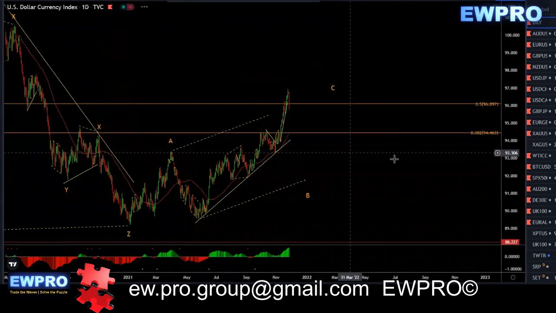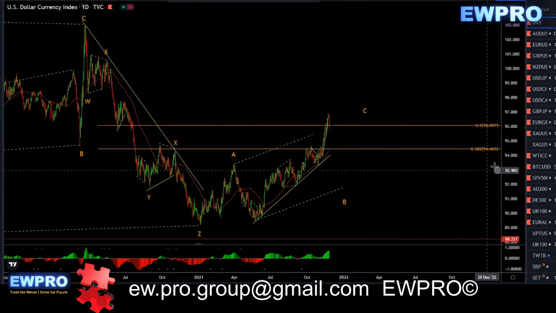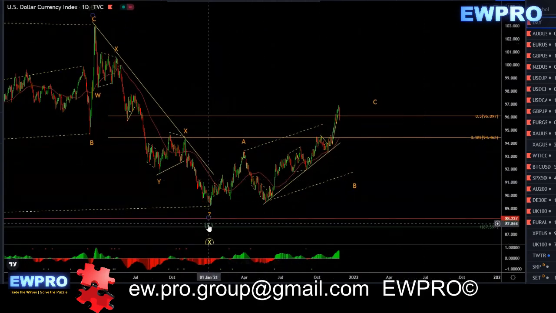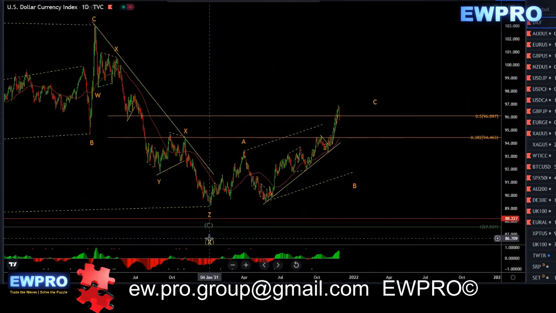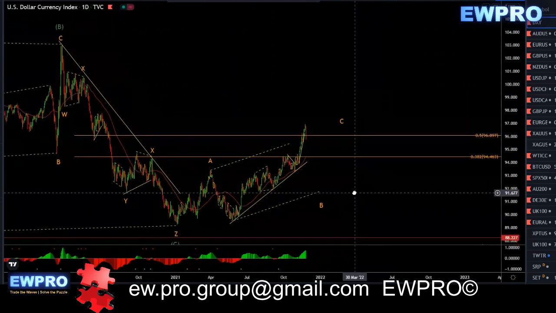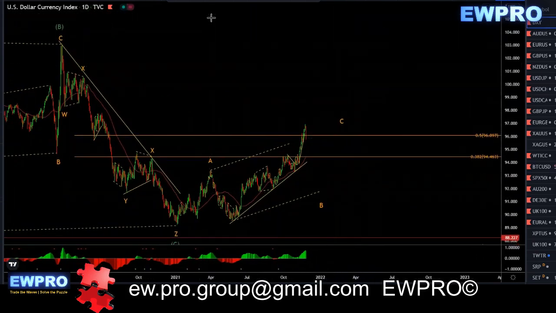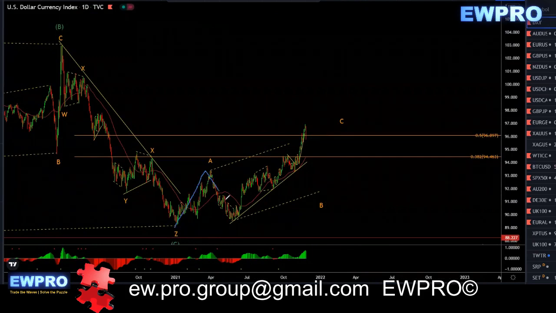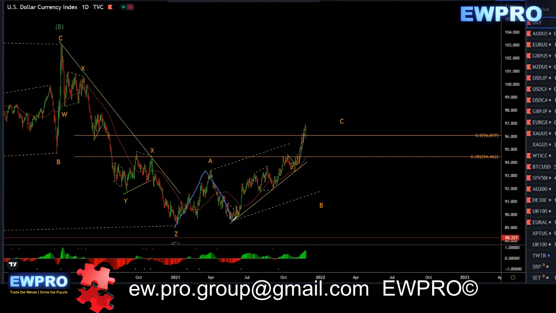If we go down to the daily, this is why I'm starting to think that we are at the end of wave C on the weekly, and finished X2 on the monthly. So if we have a look here, I was looking at A, B, an A, B, and then a C down in here as a flat, and then we possibly get another one up here and then down here for an A, B, C, sort of like I've got it drawn here.